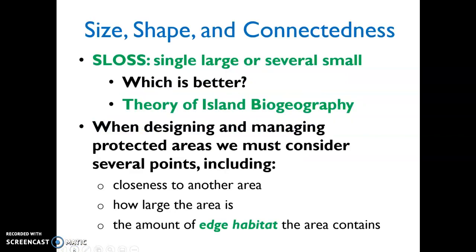So, when you consider protecting biodiversity by preserving an ecosystem, we need to look at the size, the shape, and the connectedness of that ecosystem or imaginary island. And there's an acronym for this. It's SLOSS. It means should we have several large or several small islands or preserves? Which one is better? Well, they both have their pros and cons.